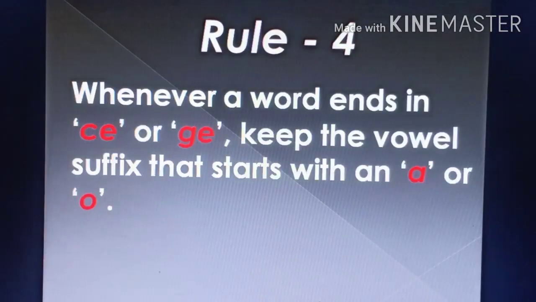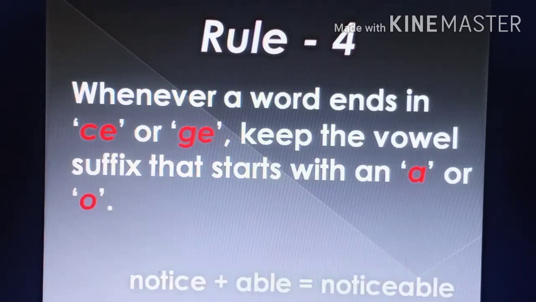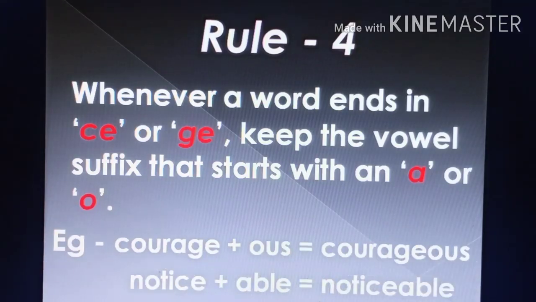Rule number 4. Whenever a word ends in CE or GE, keep in your mind CE or GE, keep the E when the vowel suffix starts with an A or O. So this condition is only applicable when the vowel suffix starts with A or O. Just have a look at the examples.